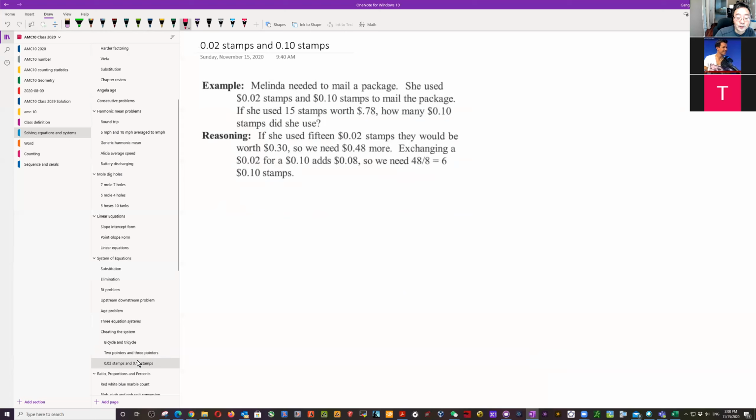So I can assume that she used all 2-cent stamps. Because she is using 15 stamps, 0.02 multiplied by 15 equals 0.30, so it was 30 cents. She has to reach 78, and 78 minus 30 means it's actually 48 cents short.